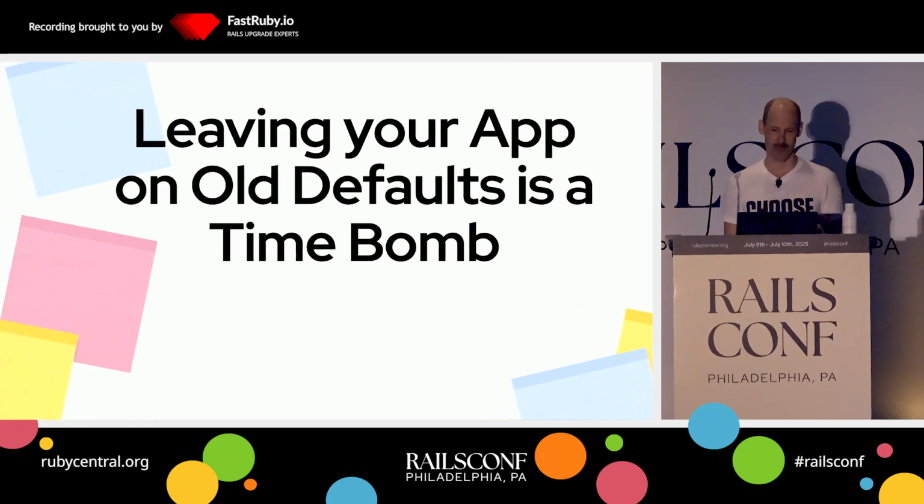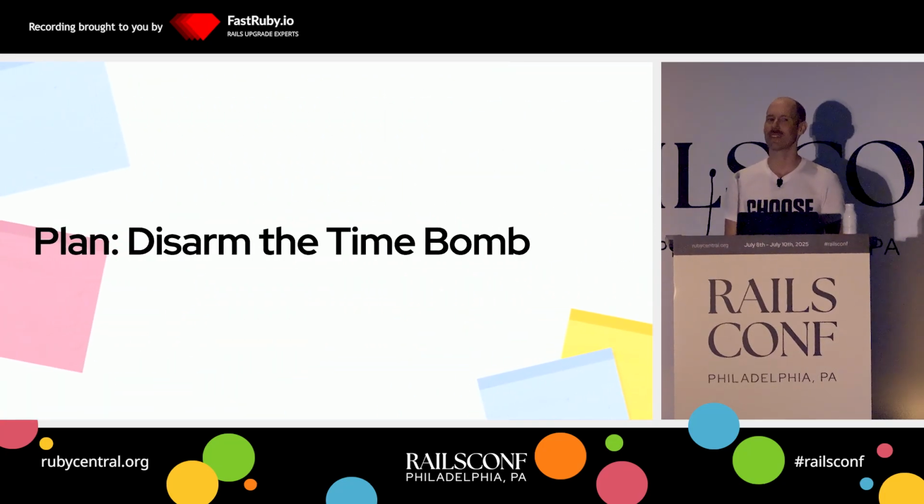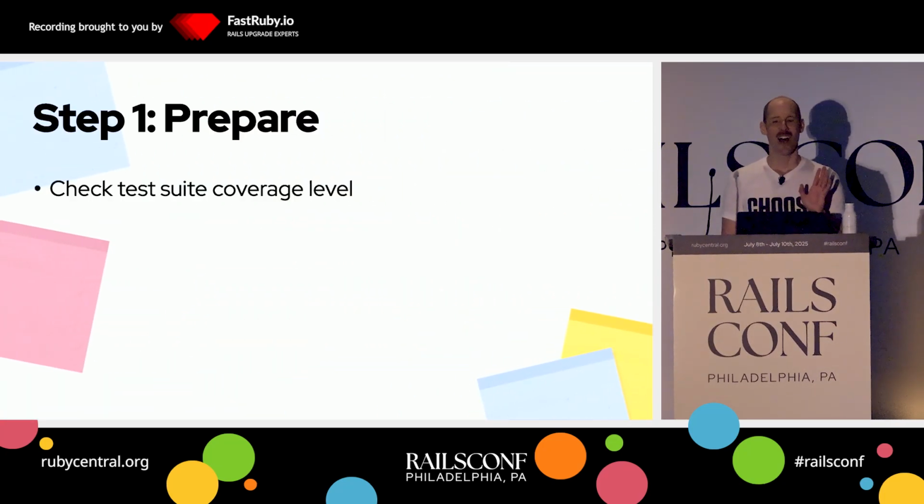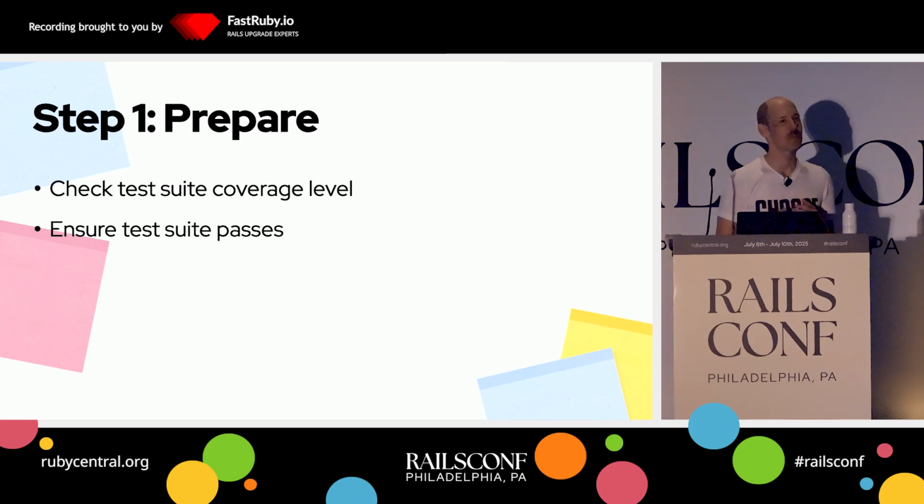OK, so what can we do about it? Well, let's make a game plan. First of all, you need to do a little bit of prep work. Just like with a Rails upgrade, you need to take a look at your test suite coverage level. Take a look at what parts of your code base your tests cover. Are you a little light on the back end? Are you maybe a little light or not at all on the front end?